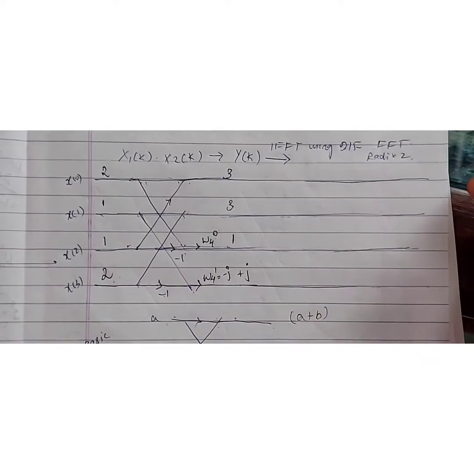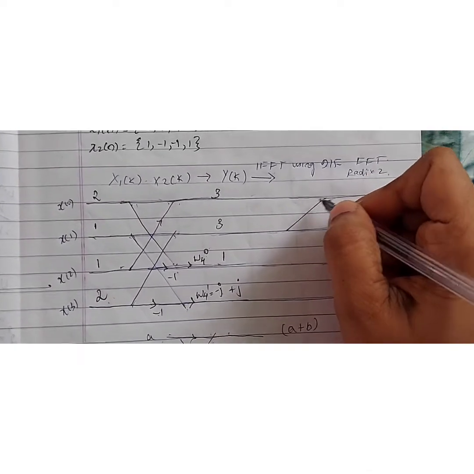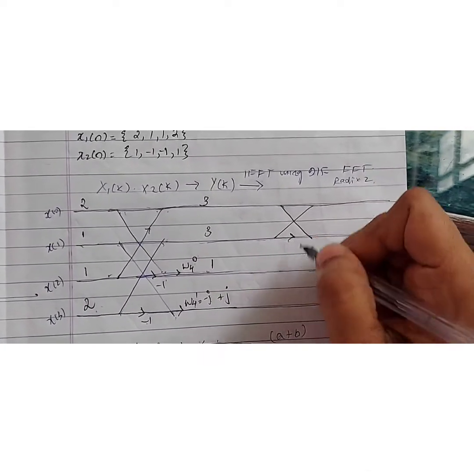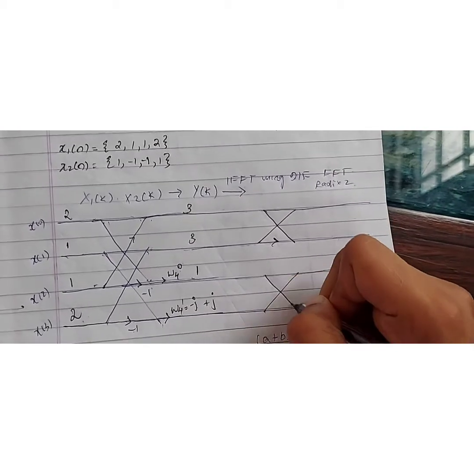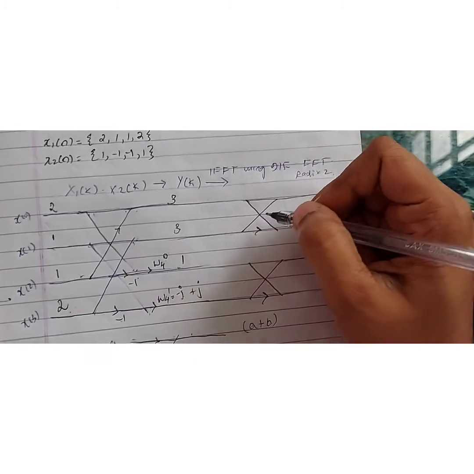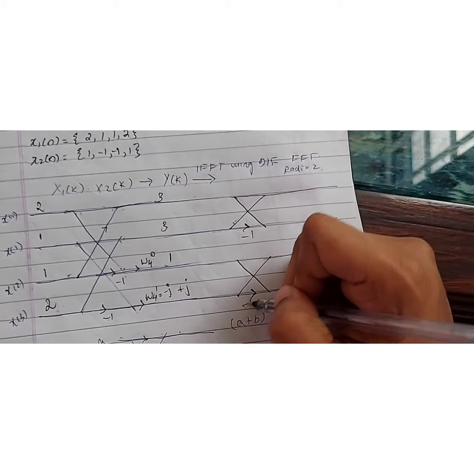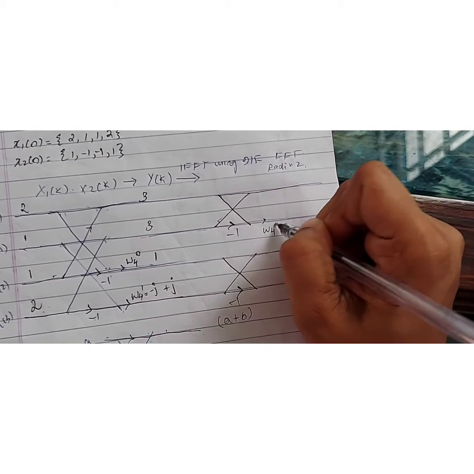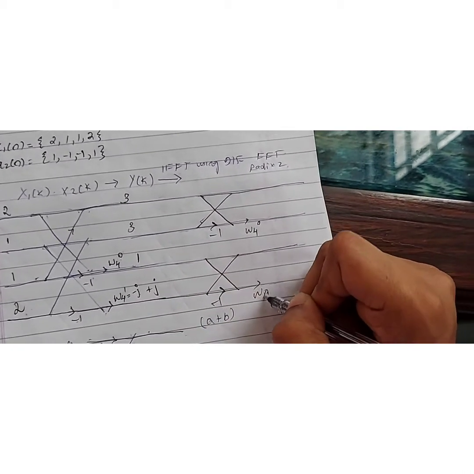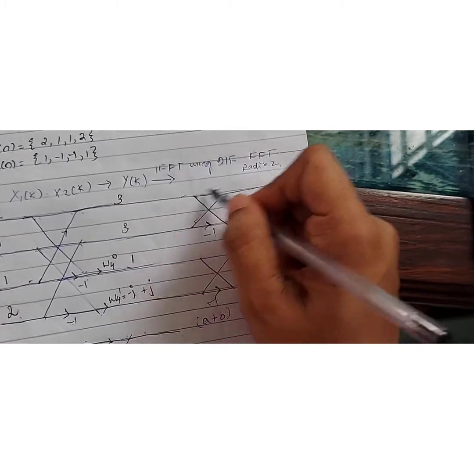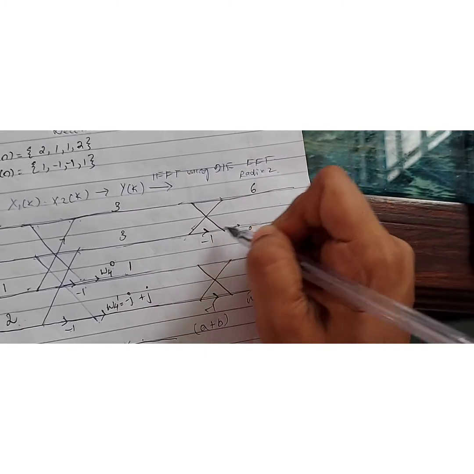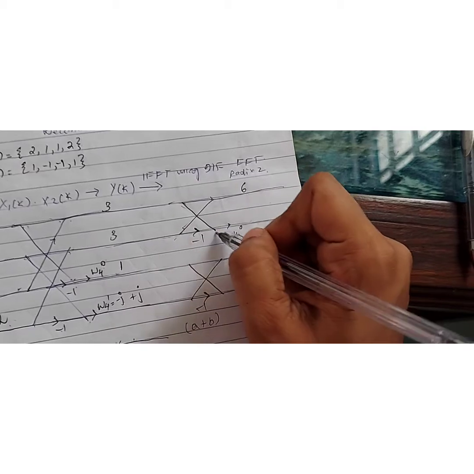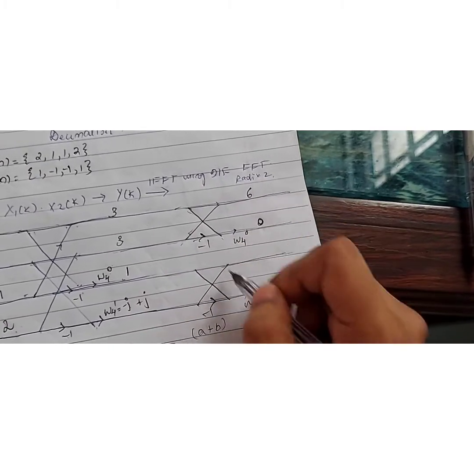Now let me see, your 2-point butterfly you can draw. Okay, this would be minus 1, minus 1, W4 power 0, W4 power 0. So this is 3 plus 3, that is 6. This is 3 minus 3, that is 0.